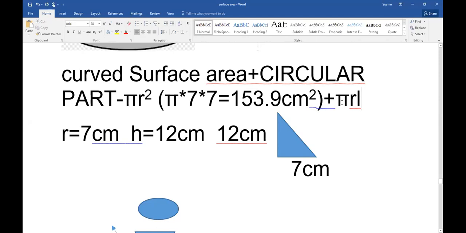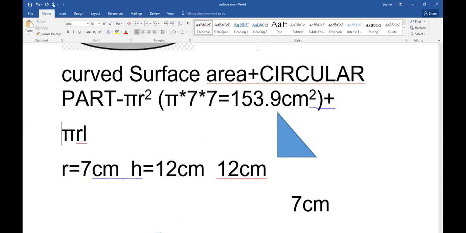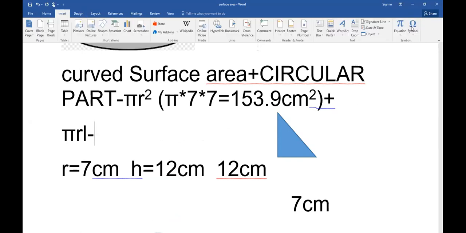But this other part, pi r l, let me do it here, pi r l. So we insert our pi here, pi times radius, which is 7, times slant height. We don't have the slant height.